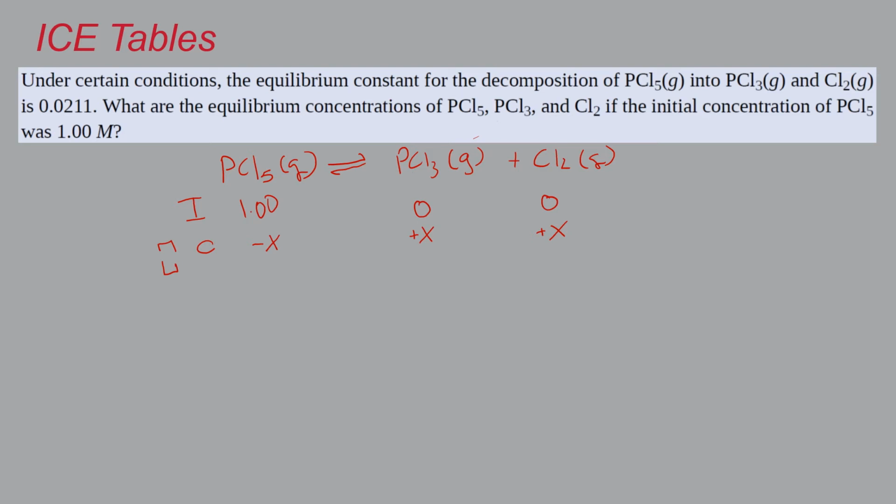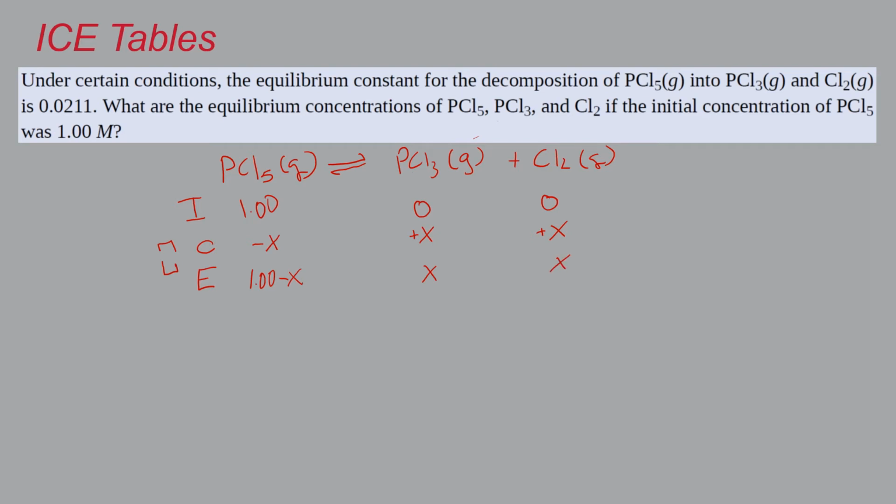And then we can also symbolically construct what the equilibrium concentrations are going to be. So here we're going to have 1 minus X molar of PCl5. We'll have X molar PCl3 and X molar of Cl2.